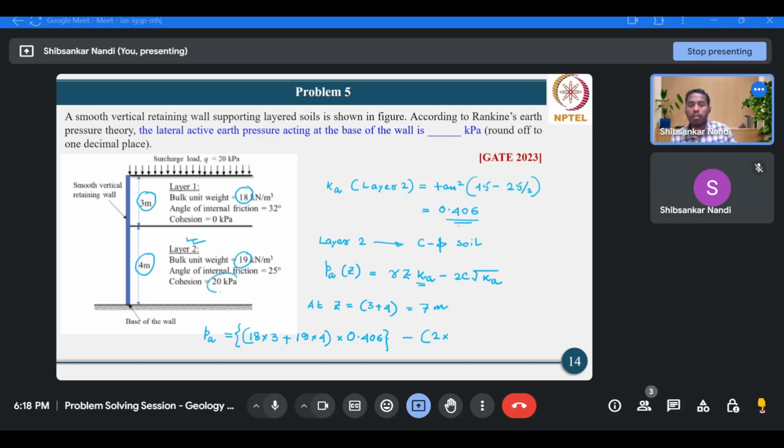Okay, please be careful, it's 20 multiplied by 0.6. So it's 27 point.